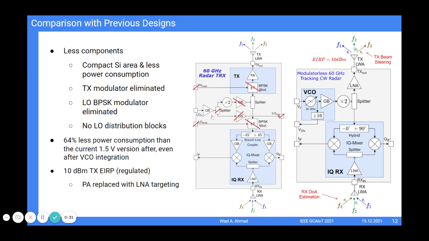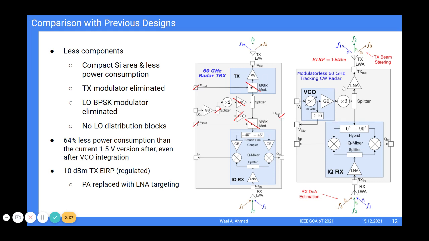Also, we saved the LO routing path, the LO redistribution network here. A lot of components were saved and a lot of input ports also. So we are saving a lot of chip silicon area and power consumption. 64% less power consumption can be achieved even after integrating the frequency synthesizers.